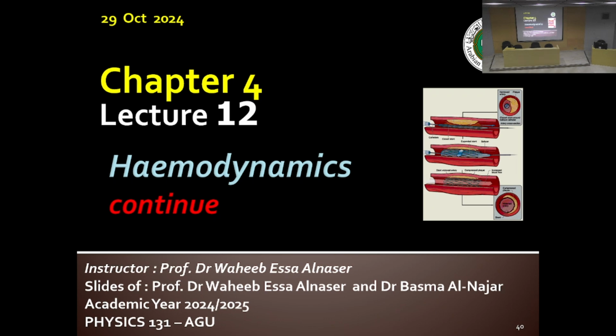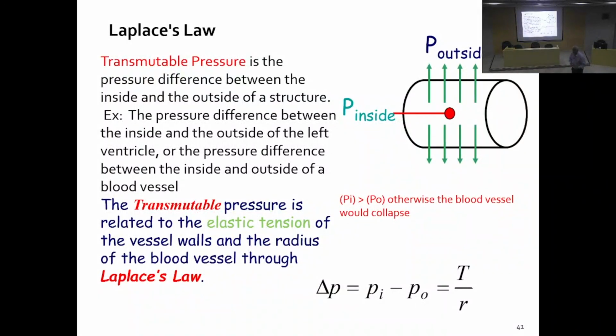Before I start, I will tell you, if anybody is interested in research, I can arrange it. We do some research on nanotechnology. You know what nanotechnology is? It is tiny particles, 10 to the minus 9.